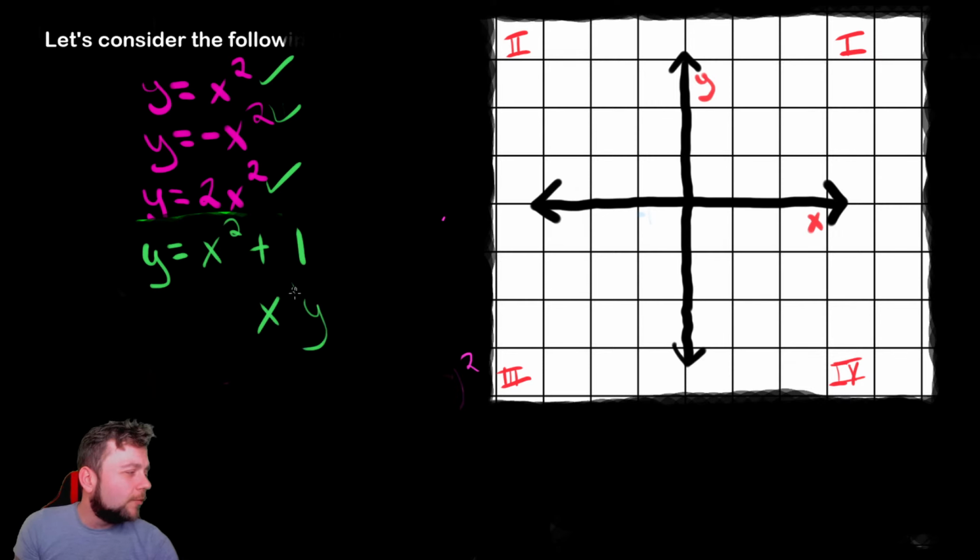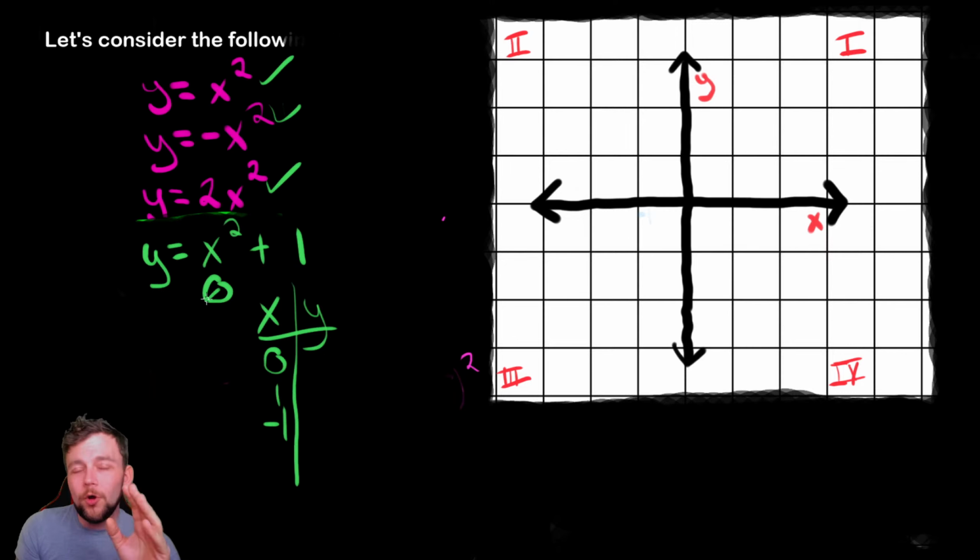So let's just go through x and y, and then if we go 0, 1, -1. So what happens when we plug in 0 here? Before, when we put the 0 into the 2x problem, it still was 0. Our center was still at the origin. But what happens when we plug in 0 for this problem?